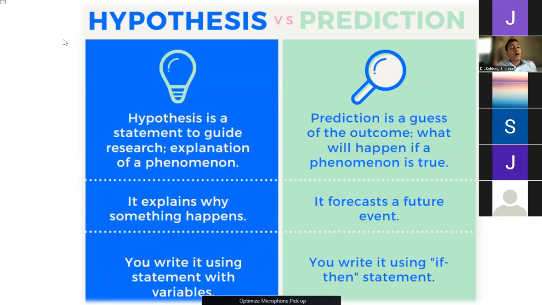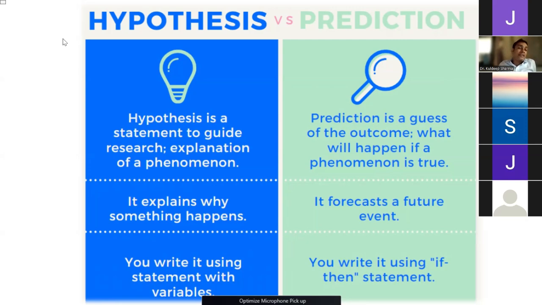Hypothesis explains why something happens, because this is a scientific method of testing my statement, whereas prediction is just an analysis, what in Hindi is called purva aakalan. It is a forecast of a future event which we are predicting. In hypothesis, you write it as a statement with variables, but in prediction there are no variables. It is just a statement.